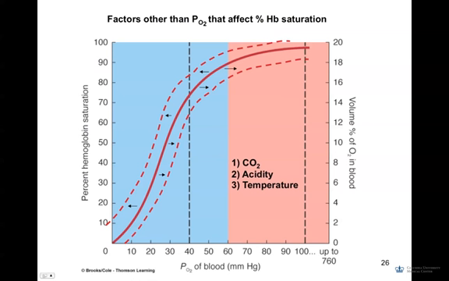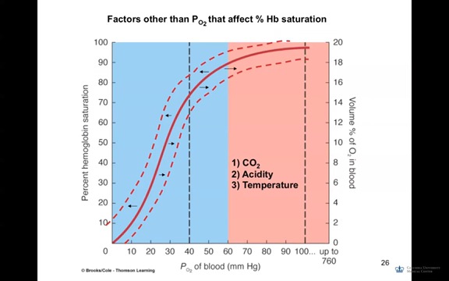This relationship between the PO2 of blood and the percent hemoglobin saturation, the PO2 of blood determines the percent hemoglobin saturation, but that relationship can actually be influenced by several factors.